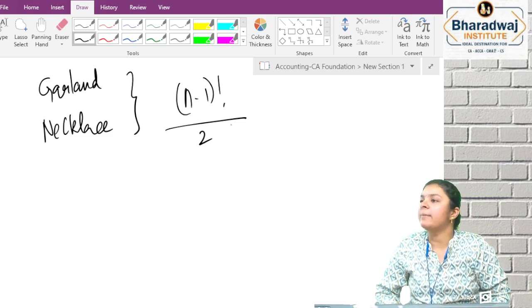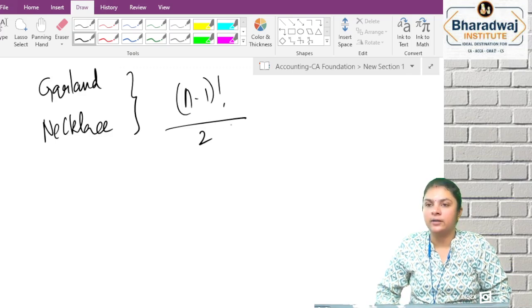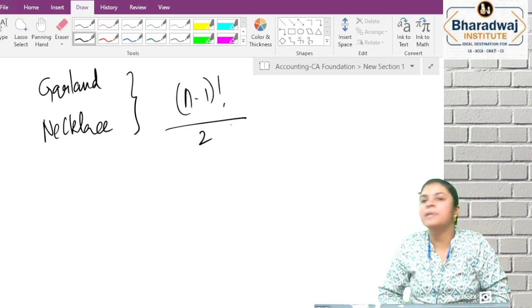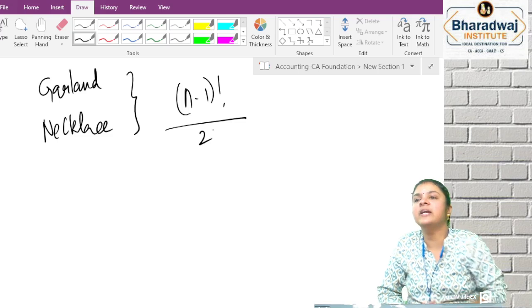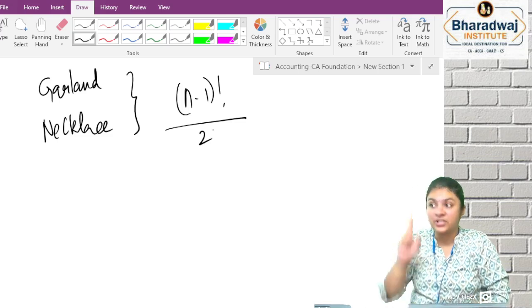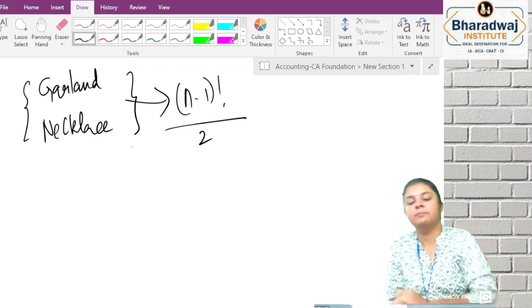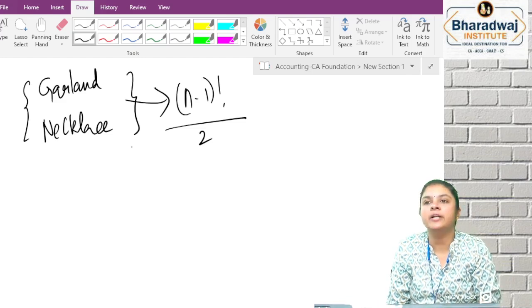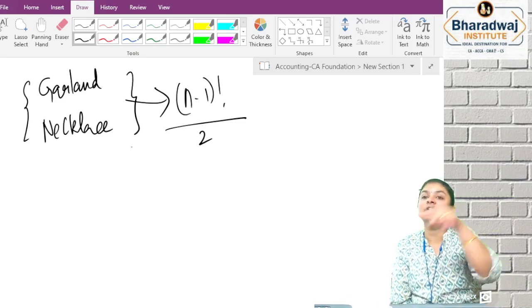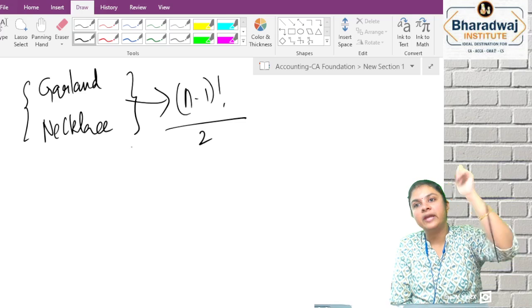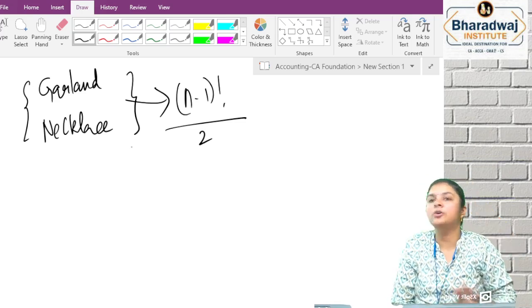Okay? Or they will mention that the repetition of items on the same side has to be ignored. Some hint will be mentioned in the question. In that case, you will use the rule of n minus 1 factorial divided by 2. If the question is silent, if it is garlands or necklace, by default do n minus 1 factorial divided by 2. However, if it is arrangement of people, if the question is silent, do only n minus 1 factorial. Do not divide by 2.